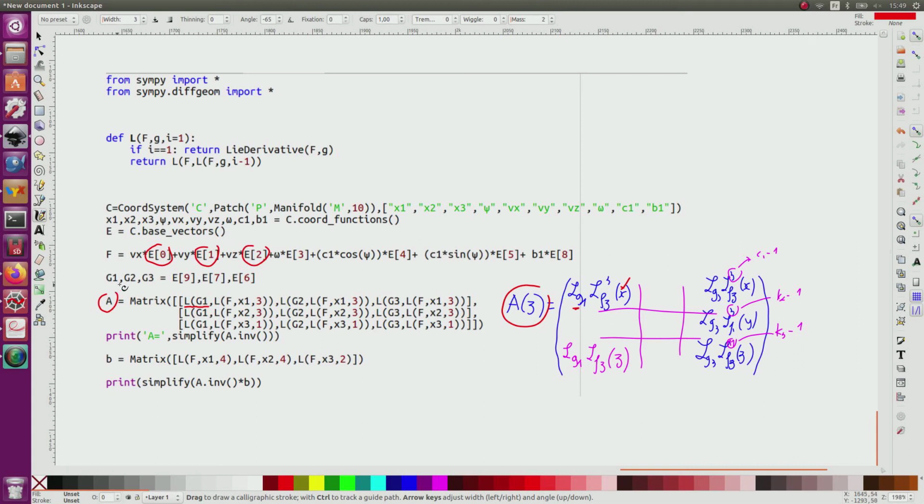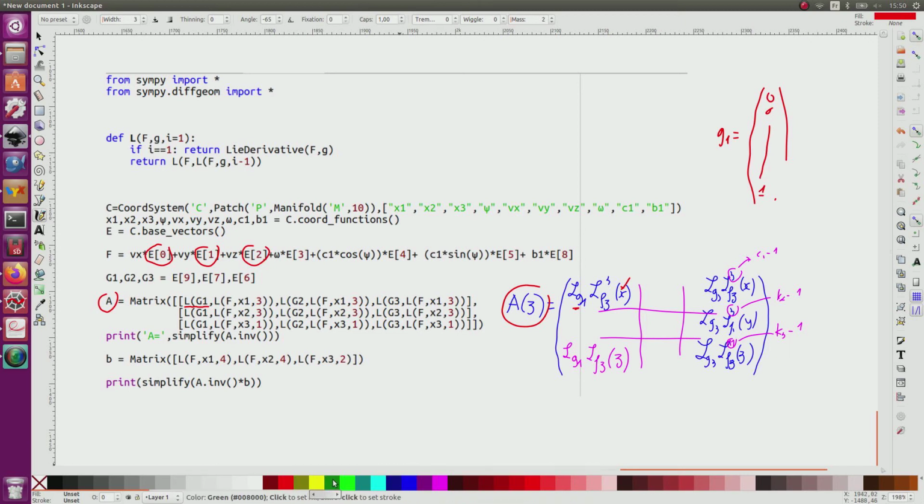So here g1, g2, g3 are also built from the base vector fields. This one is a 9 because g1 has zeros everywhere except at the 9th position where you had a 1. Here it is the same, except that for g2 it's at the 7th position, and here the 6th position.